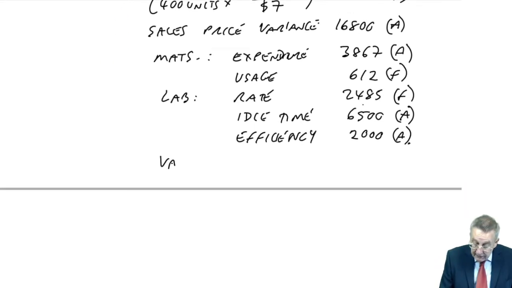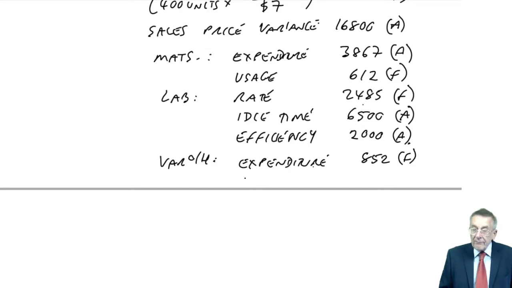A variable overhead variance. Expenditure was 852 favourable. Efficiency variance, 800 favourable.